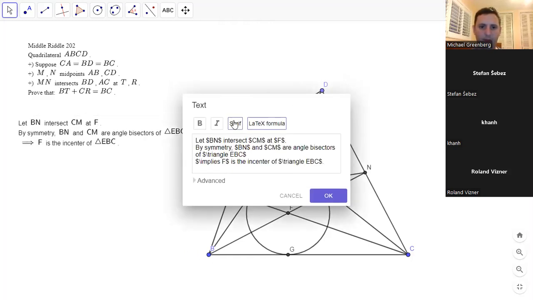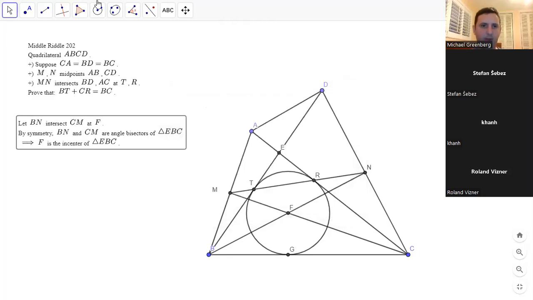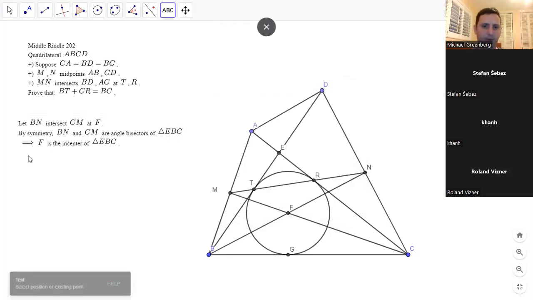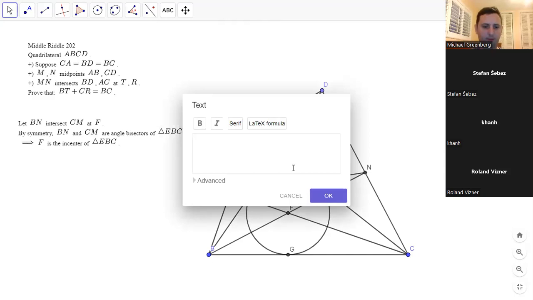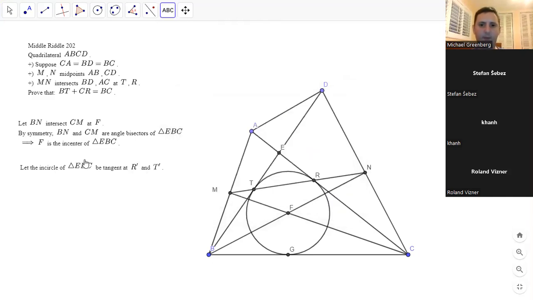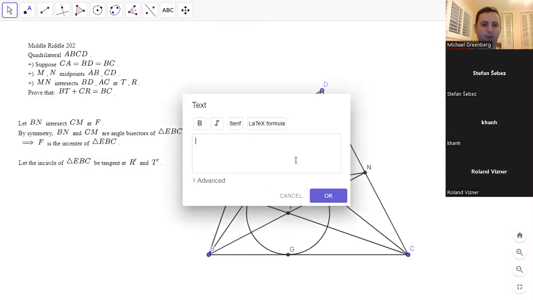And then once we know that, let the incircle be tangent at R prime and T prime. By the Iran lemma, N, R prime, and T prime are collinear. So are M, R prime, and T prime.